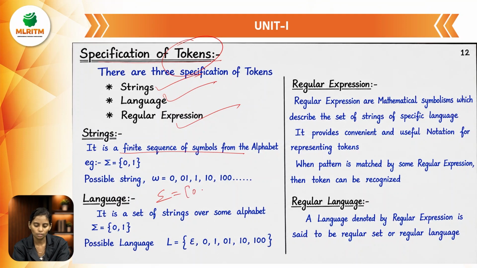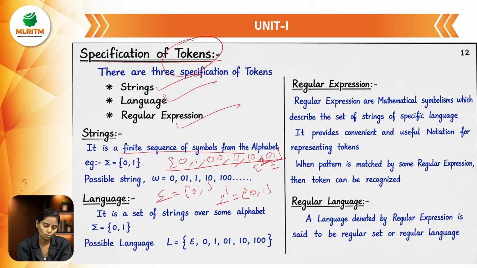Suppose 0, 1. Now summation of 1 is a 1 combinational pair. Summation of 2 means you take 2 combinations like 0, 0 and 1, 1 and 1, 0 as well as 0, 1 combinational pairs, because I have said summation of 2.